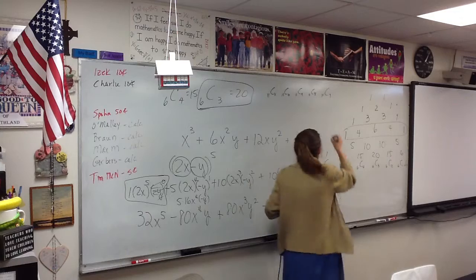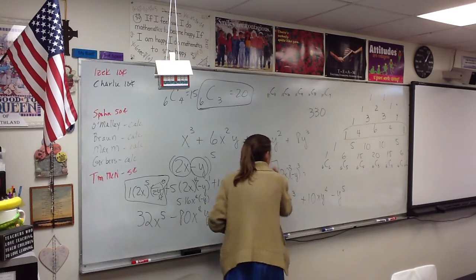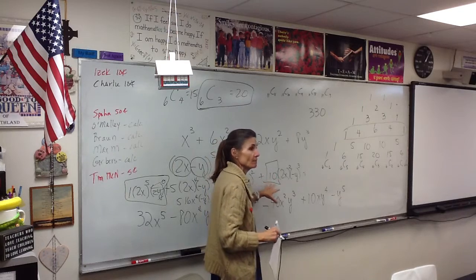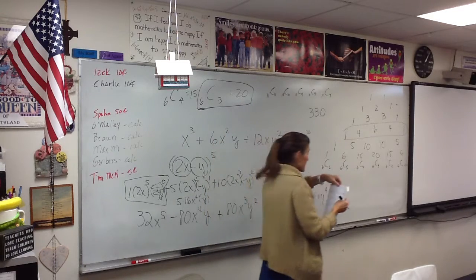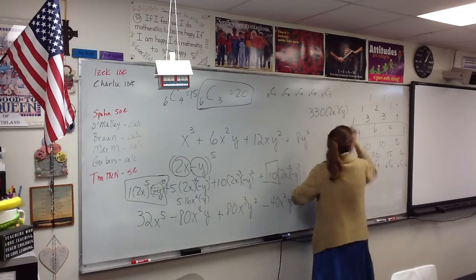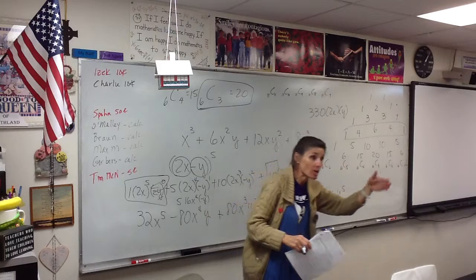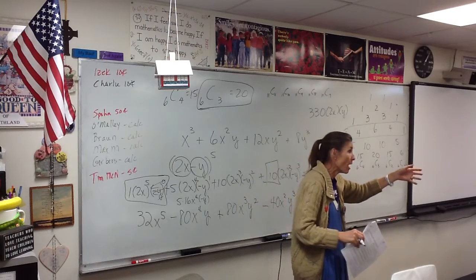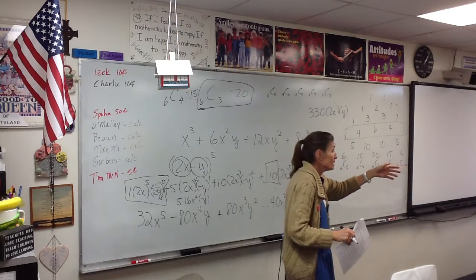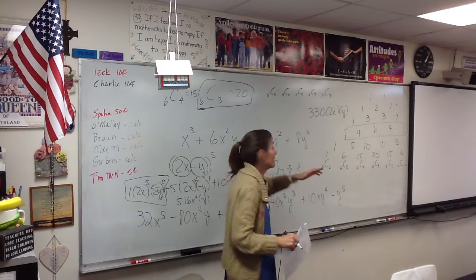330. That's your coefficient. Next to the coefficient would be a 2x and a y, because next to every coefficient is a 2x and a y, right? Now we got to figure out the powers. Well, that's easy.